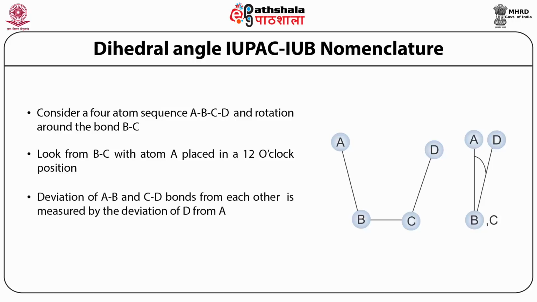The deviation of AB and CD bonds from each other is measured by the deviation of atom D from A. A clockwise rotation corresponds to a positive value.